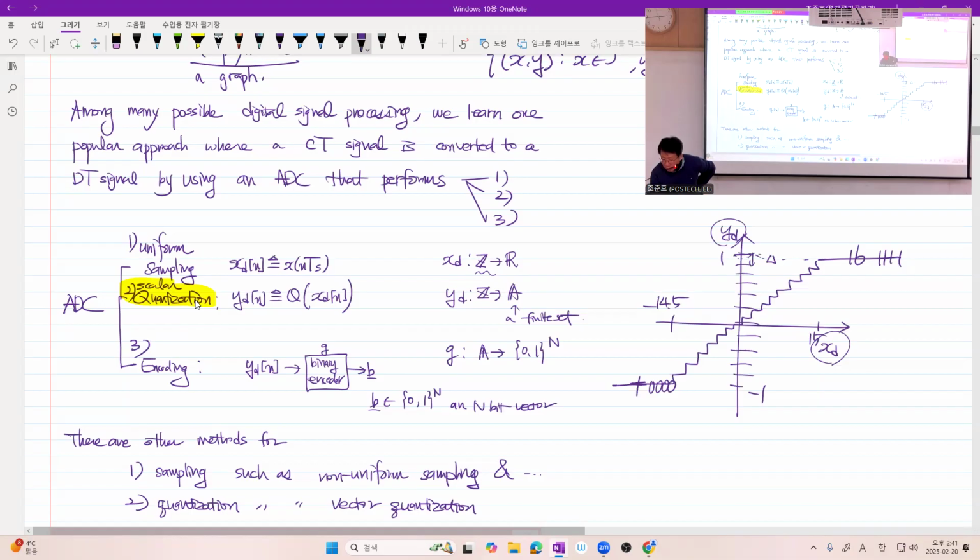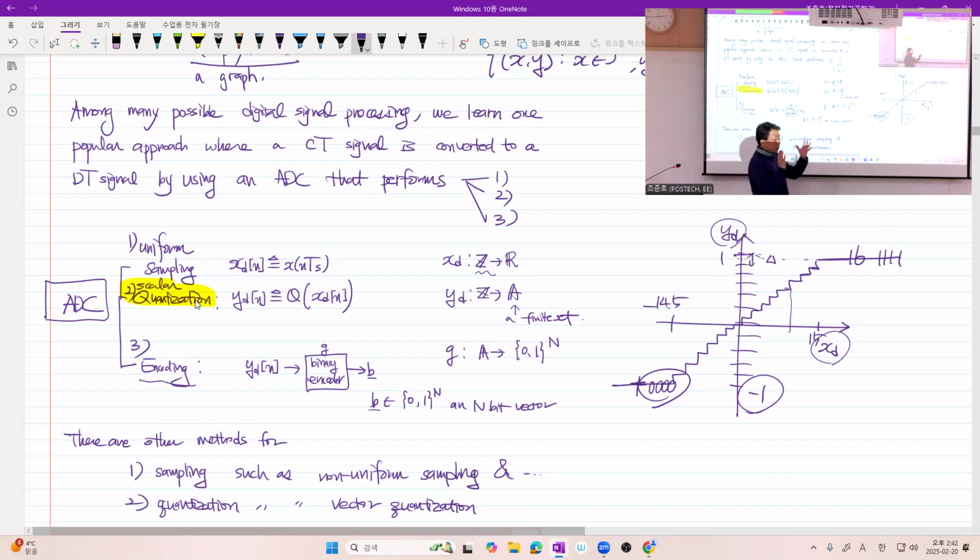But anyway, the number that corresponds to this flat area may be converted, representing the number output at the scalar quantizer, but you need an encoder. Okay, so this -1 is encoded to 4 ones, something like that. So this is done by a so-called analog to digital converter.